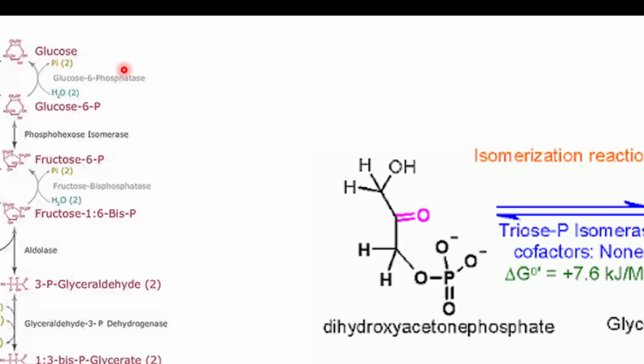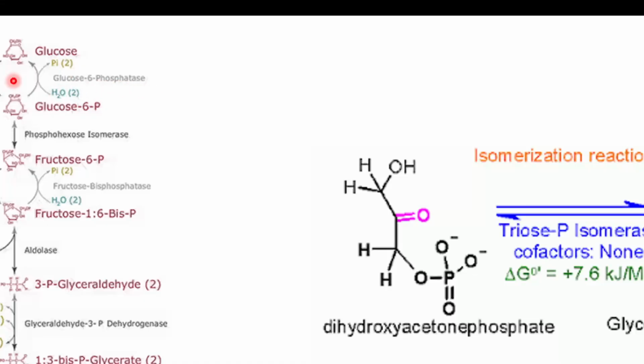In glycolysis we start with a single molecule of glucose. Now glucose is phosphorylated. And where does this phosphate come from? This phosphate comes from the molecule ATP, which is the energy currency. ATP is not just the energy currency, it is also a good phosphate donor.